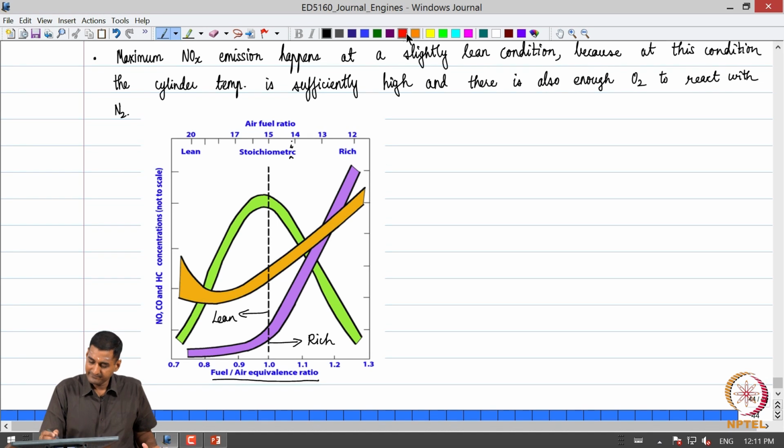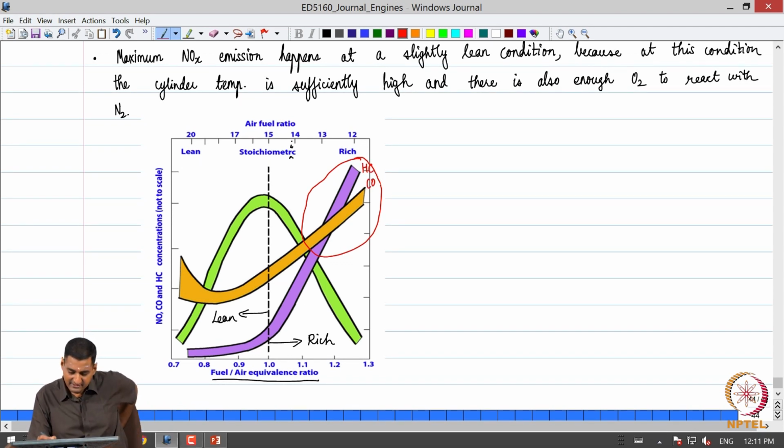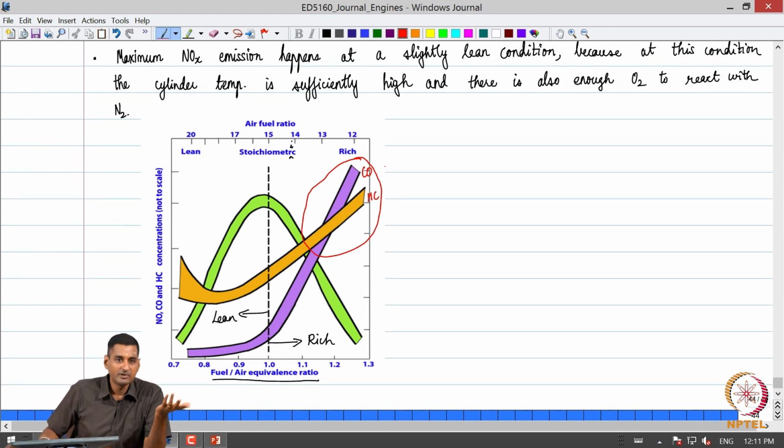Unsurprisingly, in a rich mixture, the hydrocarbon content and the carbon monoxide content increase, right. So, HC and CO content increase in a rich mixture, because obviously we are going to have more unburned fuel.